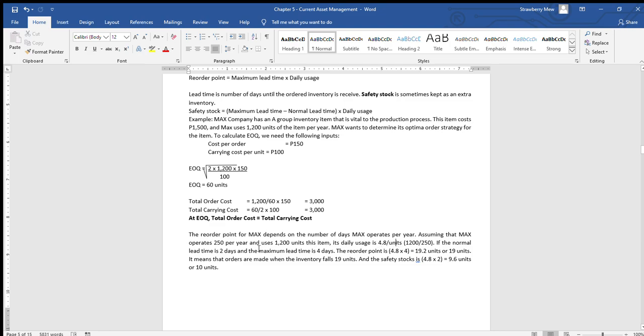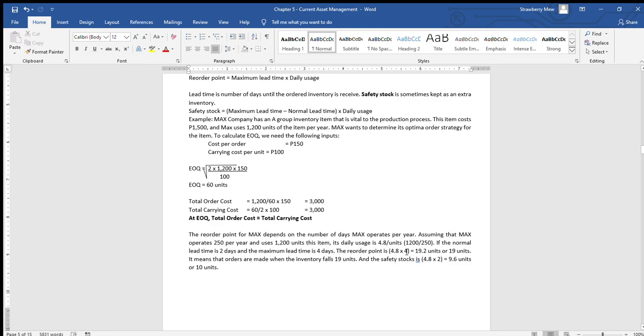If the normal lead time is 2 days, meaning this 2 days ang normal days for the order to be received, the maximum lead time is 4 days. So 4 days is the maximum time from which our orders will be received. The order point will be 4.8 times 4. So ang gagamitin natin is the maximum lead time. Okay?